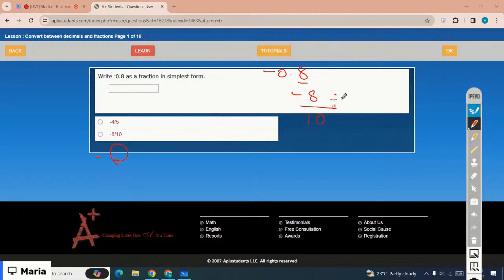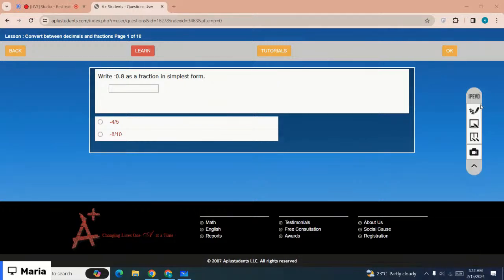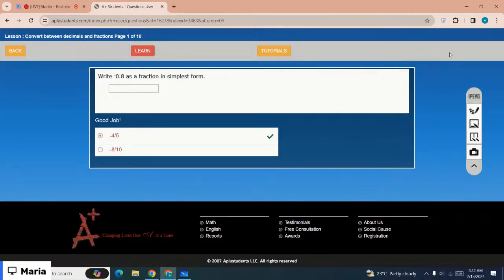You can divide them by the greatest common factor. The greatest common factor is 2, so that is negative 4 over 5. So which is the correct option? Yes, that is option number 1 is the correct option. Negative 4 over 5 is the correct one.